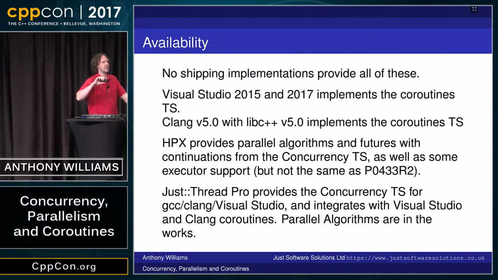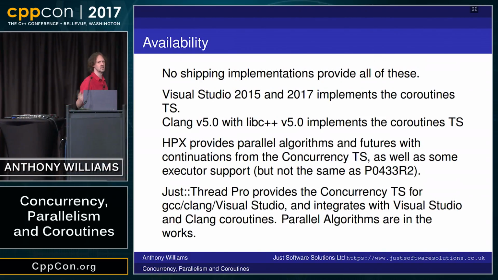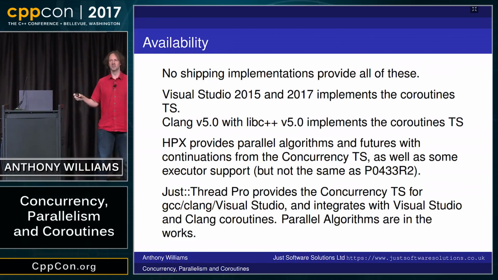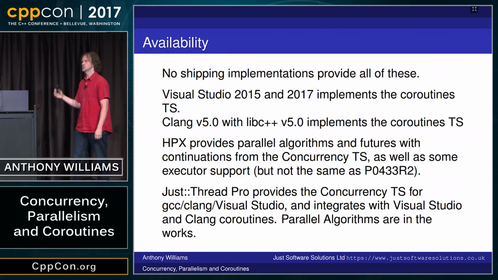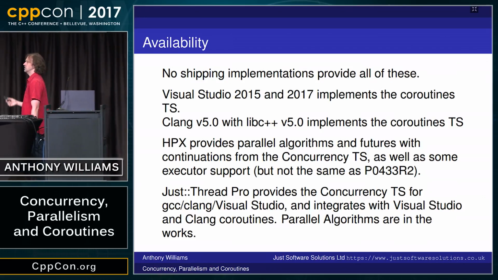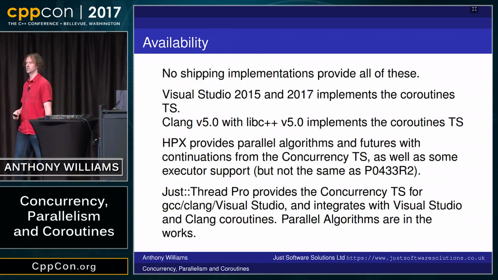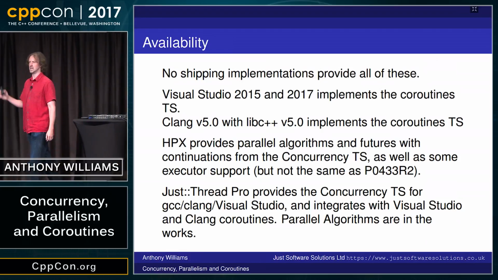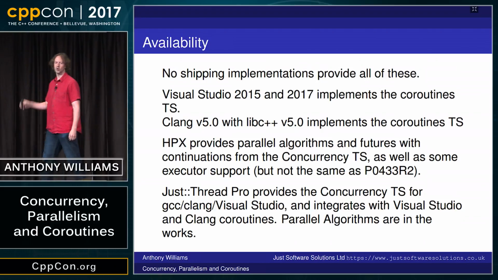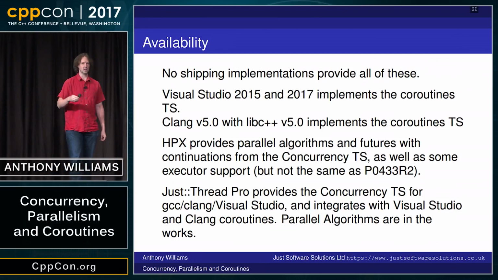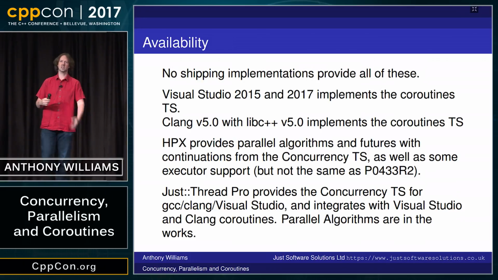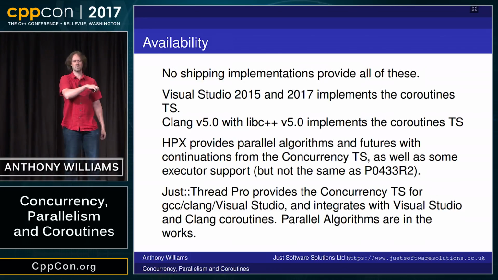So there's different availability for all these different parts. There is not a shipping implementation that I'm aware of that supplies all of them. Visual Studio provides the Coroutines TS. Clang 5, if you use it with libc++5, also provides the Coroutines TS. The HPX team have got parallel algorithms and futures with continuations which look like the Concurrency TS ones, and they have some executor support, but it's not quite the same as this proposal.